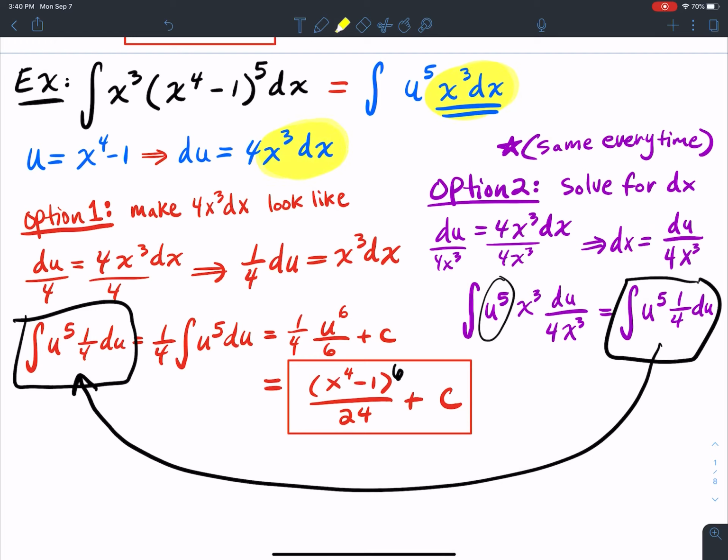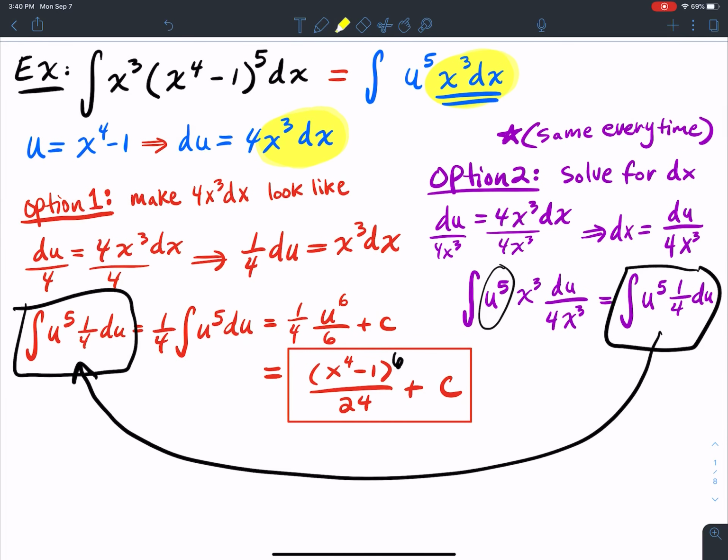And to do that, I would divide by 4 right there to make it look like what we have over there. So 2 options, really it's whatever floats your boat on this one. Not too picky on which one you try to go with, because both of them will work for you every time.